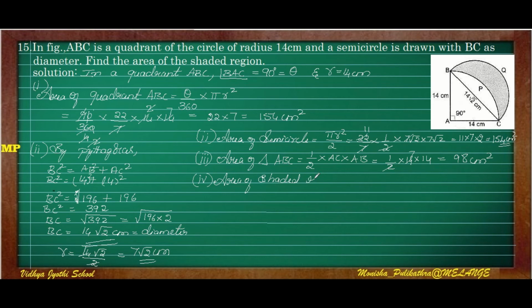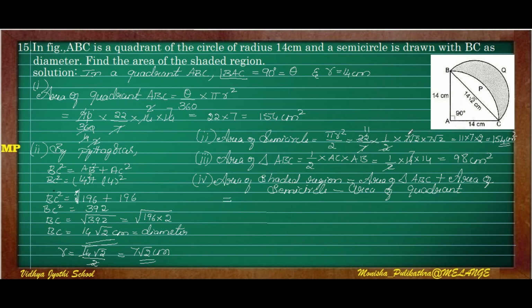So area of shaded region is equal to area of triangle ABC plus area of semicircle minus area of quadrant.